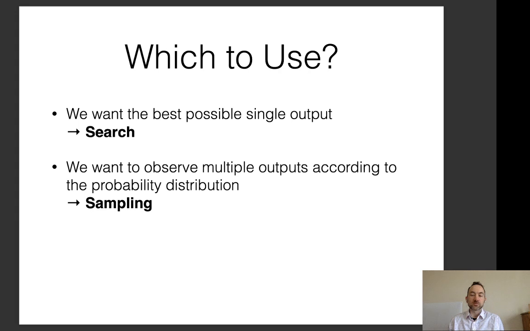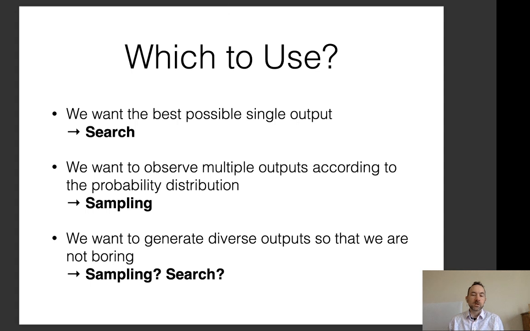If we want to observe multiple outputs according to the probability distribution to have a better idea of what the model believes are the plausible outputs, we can do sampling to get some random samples and give us an idea about that. And sometimes we want to generate diverse outputs so that the model is not boring. In this case, we can do that through either sampling or search. I'll talk a little bit more about all of these in a second.